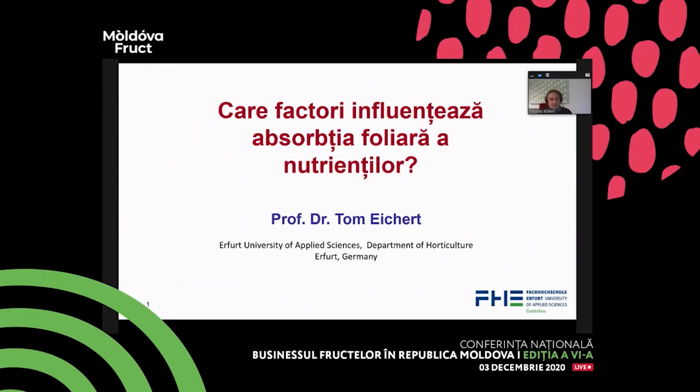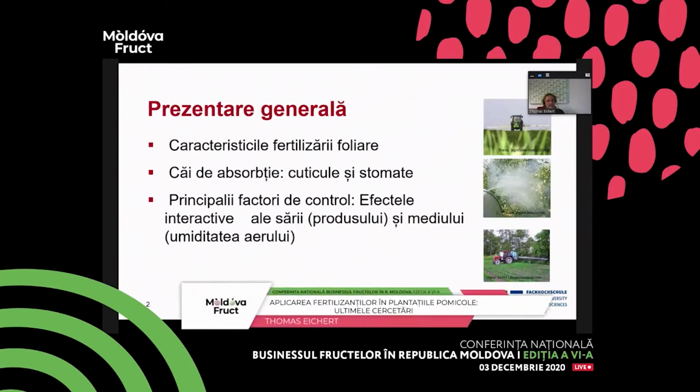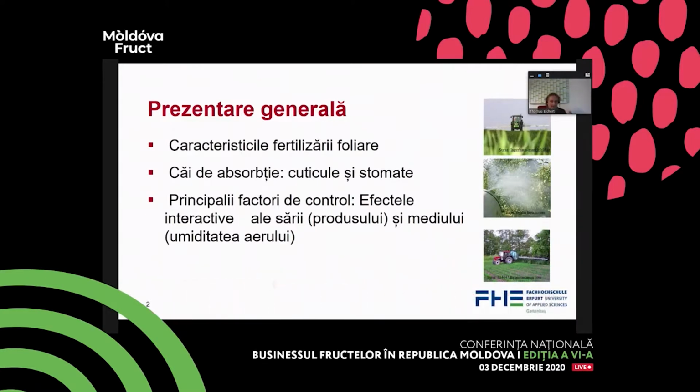And I want to give you a brief introduction into what we know about this process of foliar absorption. Well, the structure of my presentation: first I want to give you an overview of the general characteristic features of foliar uptake. It's very different from root uptake, and I want to emphasize that.